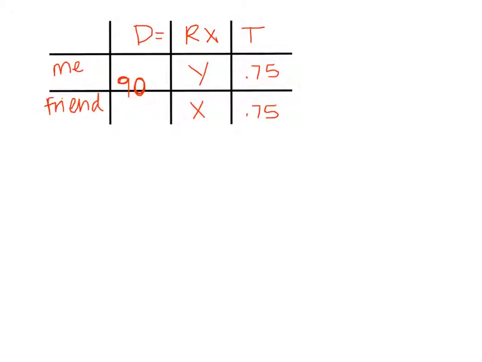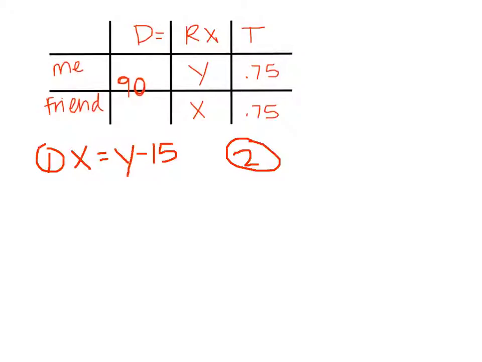So we have our chart all filled in, and the next step is to write two separate equations. Our first equation is going to be my friend's rate equals my rate minus 15, because I travel 15 miles per hour faster than her.